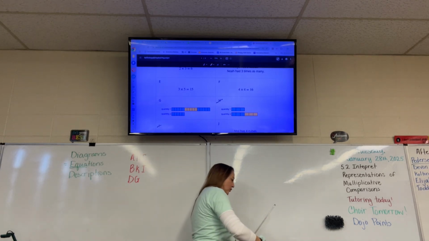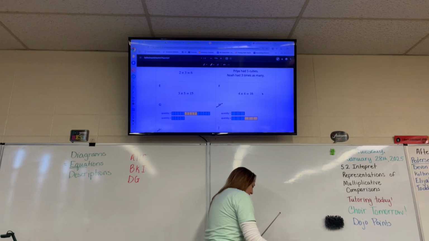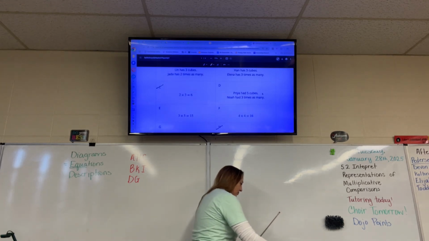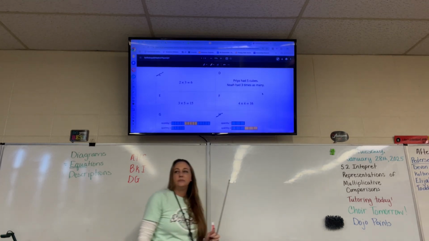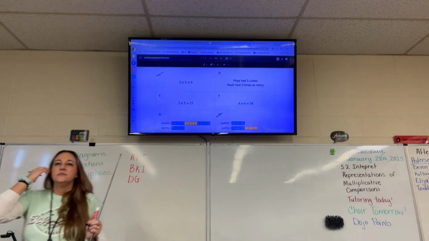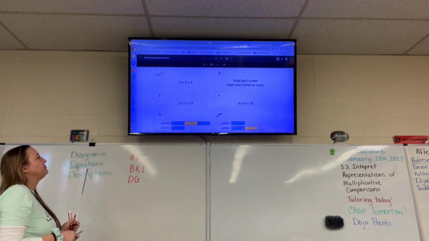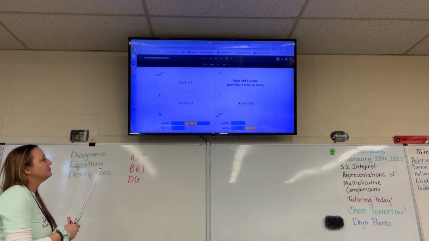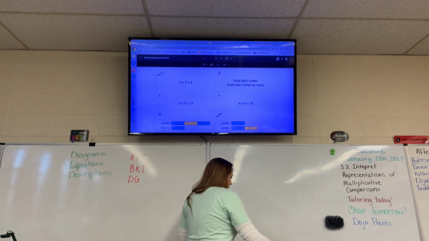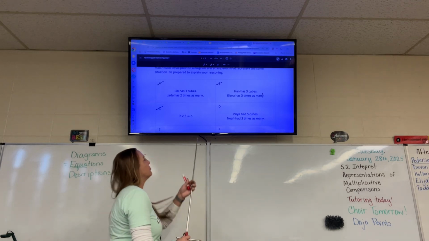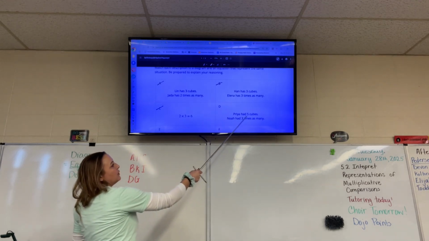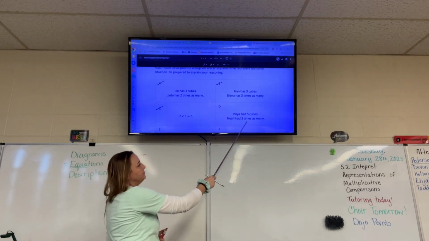And what would be the equation that would match with D? Devin? J? No, wait, F. Okay, so look at the numbers in this problem. Devin, what numbers are in this problem?